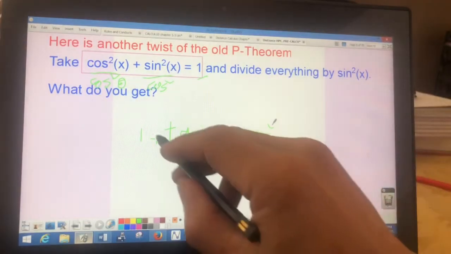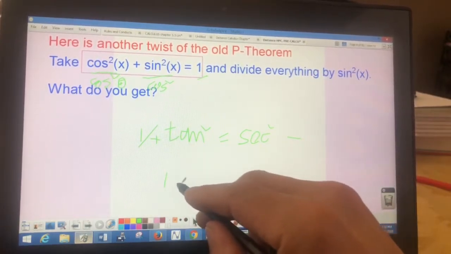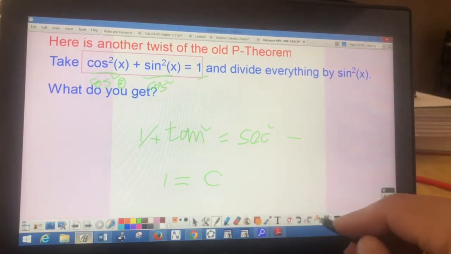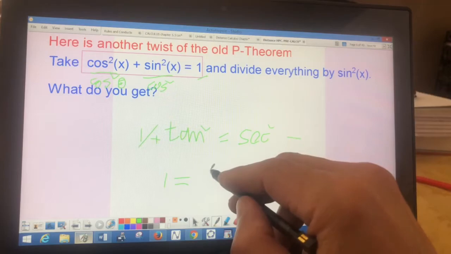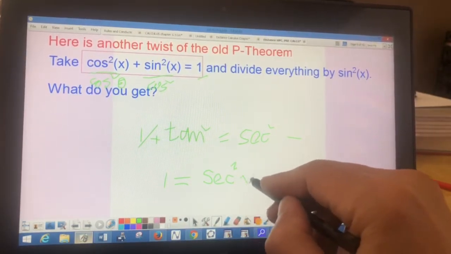So we can subtract 1 on this side, or even if you take 1 and keep the 1 here, you can say that 1 equals secant square of x.